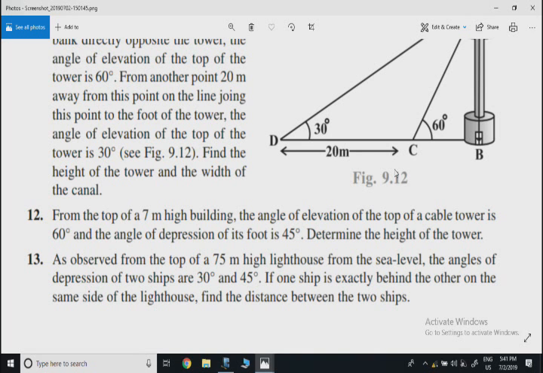What about the 13th one, Senapati, CC4? Answer for 13th.